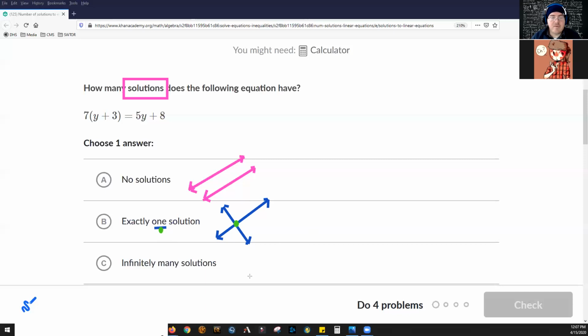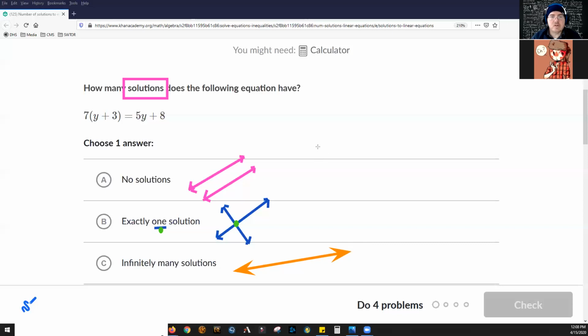Now, infinite solutions, this one's going to be a little difficult to draw. Ooh, I can draw lines with arrows on them. Saves me the time. Sweet. Much better visual.